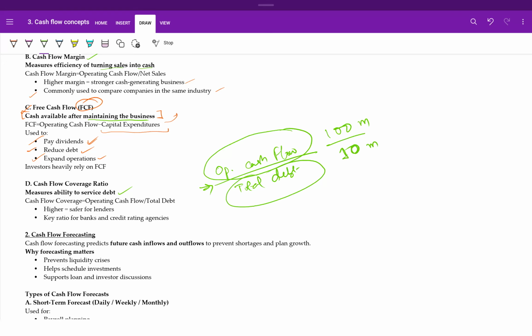Also, it's showing how efficiently the business is being run, how efficiently we are using our debt. So for every $1 of debt, we are generating $10 of operating cash flow.